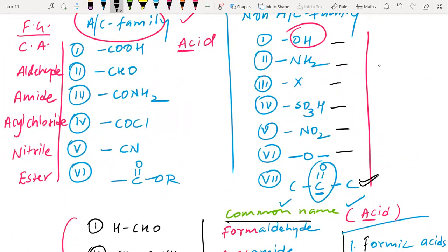But the difference is, in ketone, the functional group's carbon is bonded to 2 other carbon atoms, while in the AC family such a case is not there. The non-AC family nomenclature, that common name, we'll also discuss in our next class.